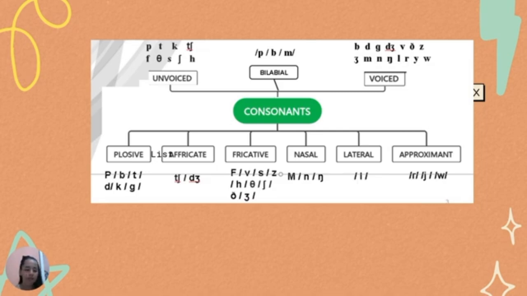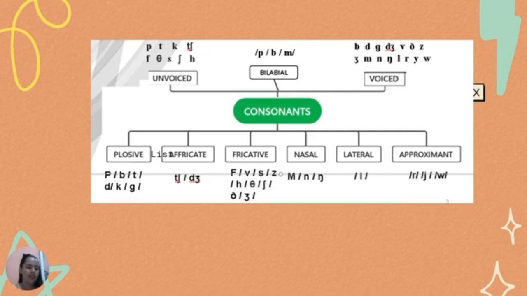Example, yes. Voiceless. The sound is produced solely with the movement of the articulators. Example, pen. Bilabial. Here the sound is produced when the two lips come together or approach each other to block the airflow. Example, mother.